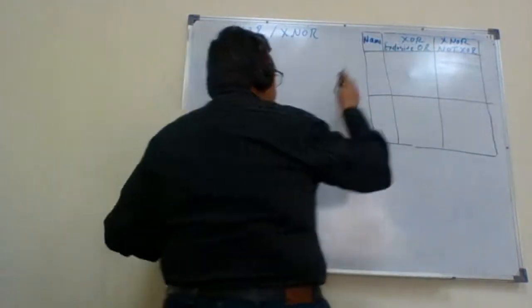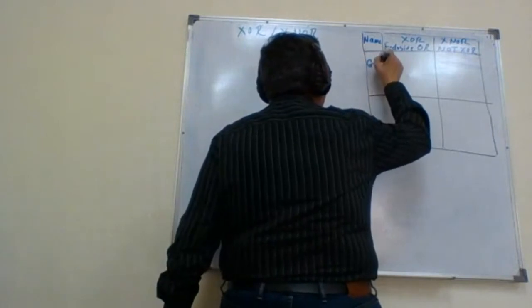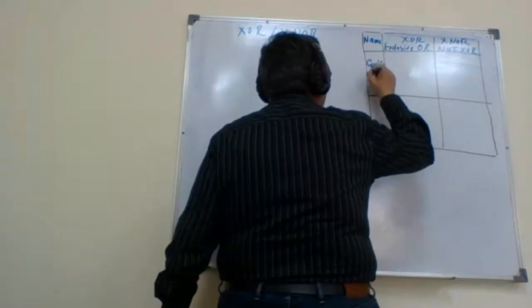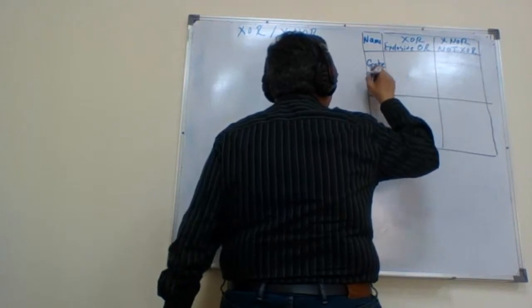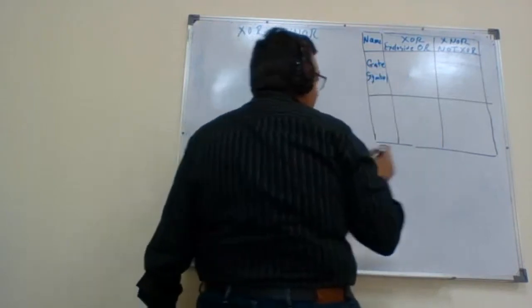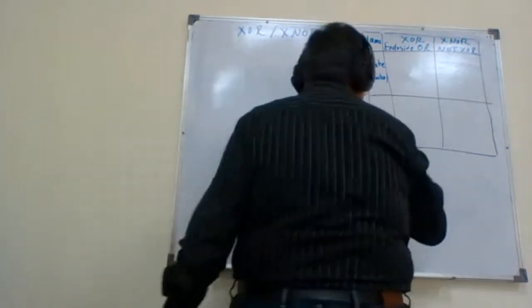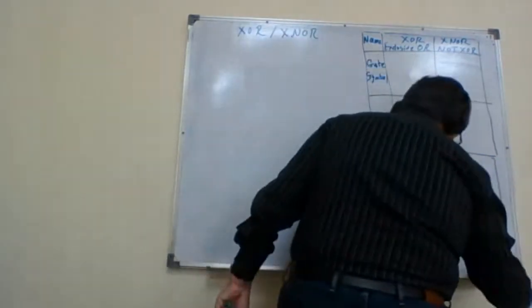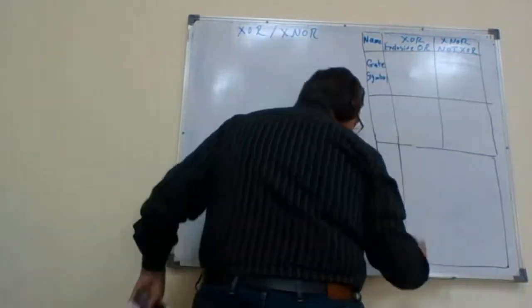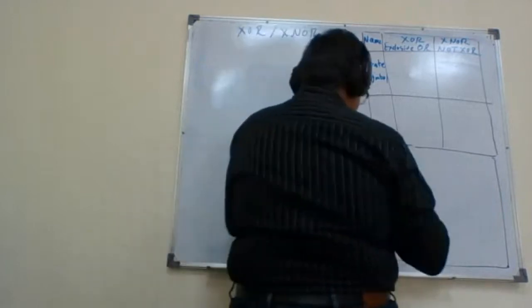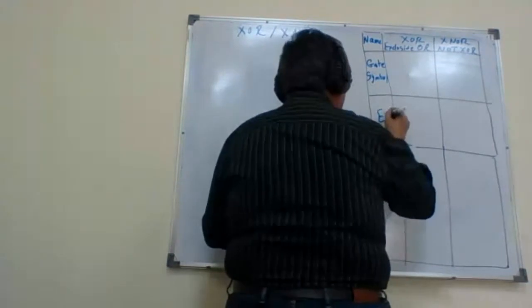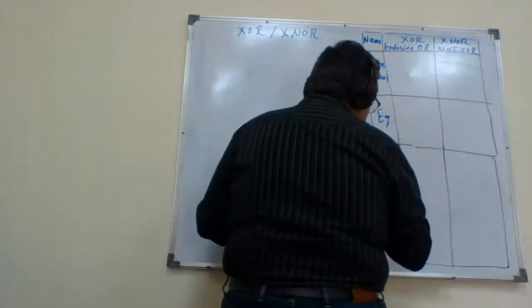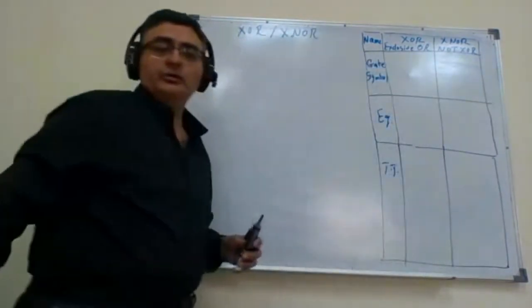We need the gate symbol, we need to learn the equation, we need to learn the truth table, the TT.